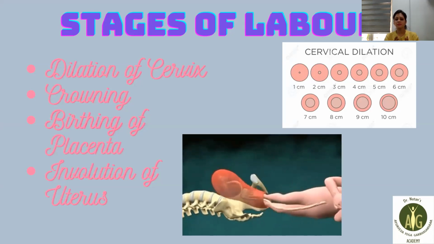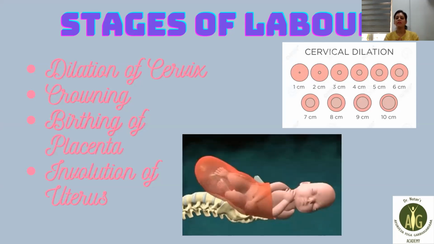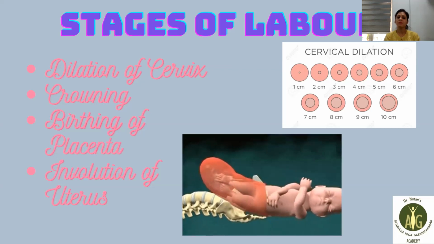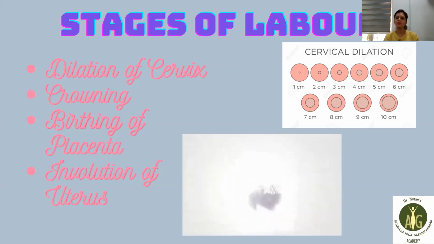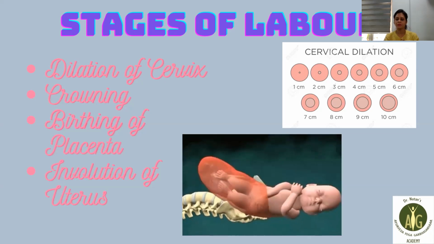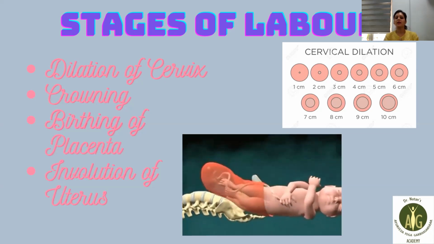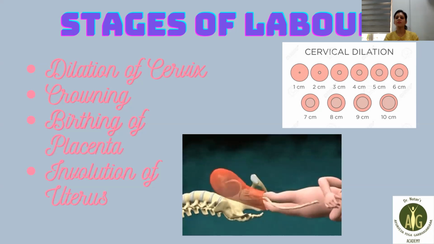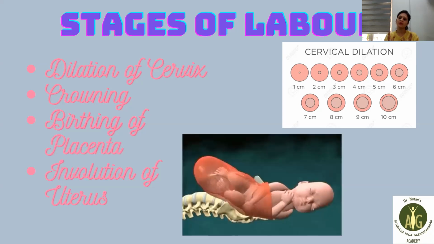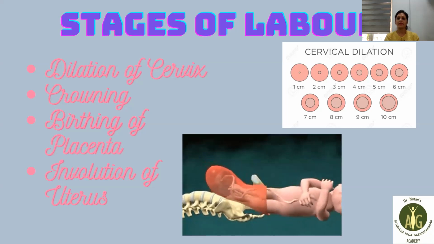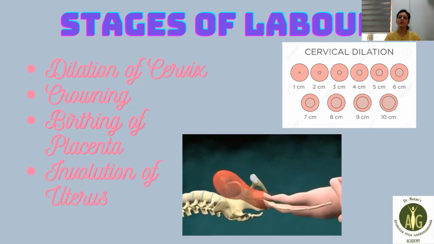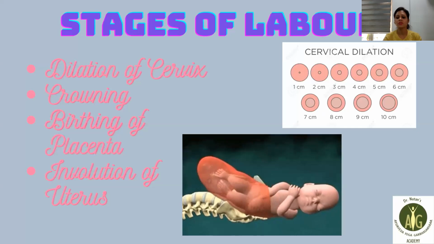After the baby is out, after 30 to 40 minutes, the placenta and the umbilical cord should come out from the mother's vagina. And then involution of the uterus: after 1 hour, the contraction of the uterus should take place, and it should come back to its original position and shape.